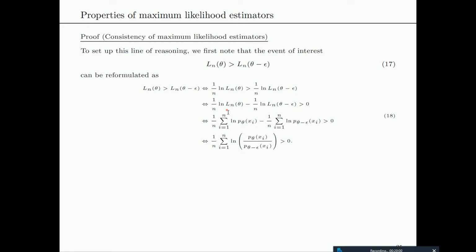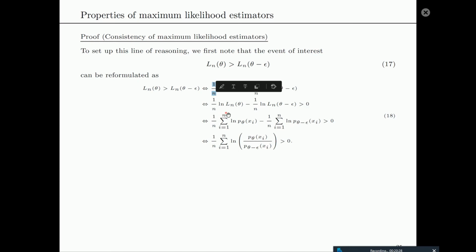If we have this, we can of course multiply both sides by 1 over n. Here we've multiplied with 1 over n, and then we put one of the terms on the other side, and see that this is larger than 0. Then we introduce the log on both sides, and 1 over n on both sides.